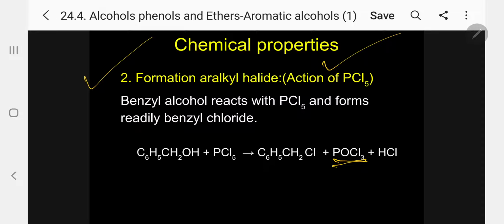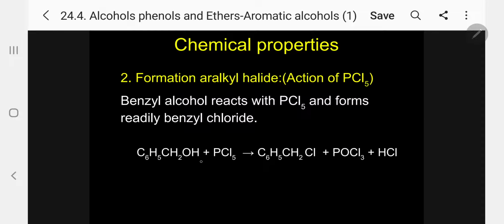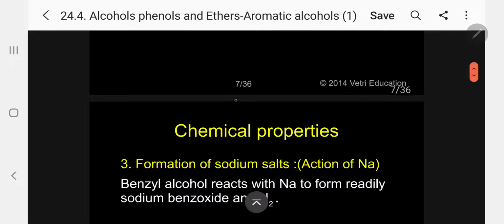If you use phosphorus trichloride, phosphorus acid is the product. In the same way here, benzyl alcohol reacts with PCl5 and readily forms benzyl chloride. Kindly follow. So OH is substituted by Cl, with phosphorus oxychloride and HCl. This is the second important chemical property, formation of halides.